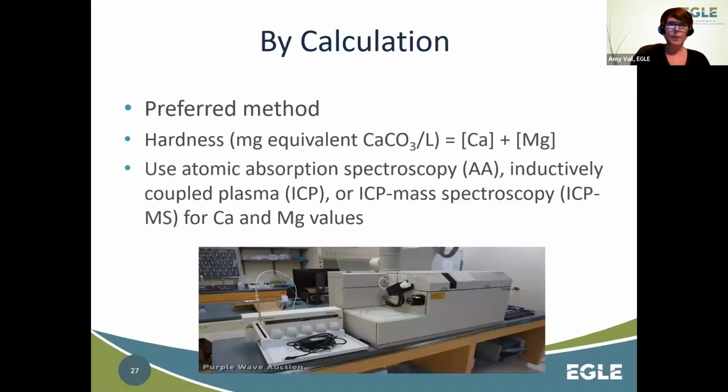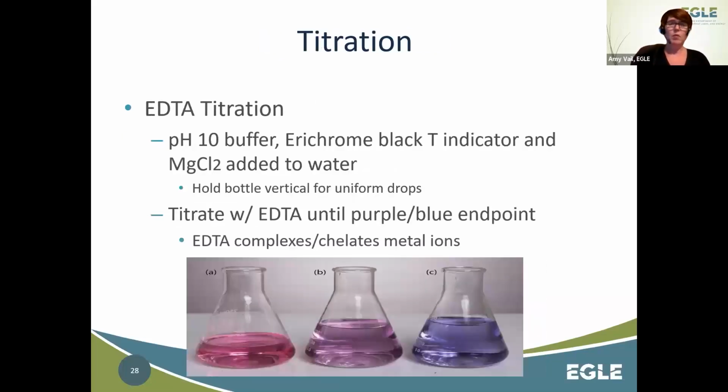Again, the preferred method is by calculation. So you would figure out your calcium, you'd figure out your magnesium using an ICP mass spec or an atomic absorption spectroscopy machine, which most of us don't have in a laboratory. And then you use those to get it. That's more accurate, but most of us would do a titration.